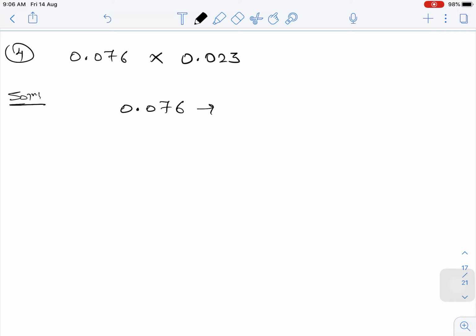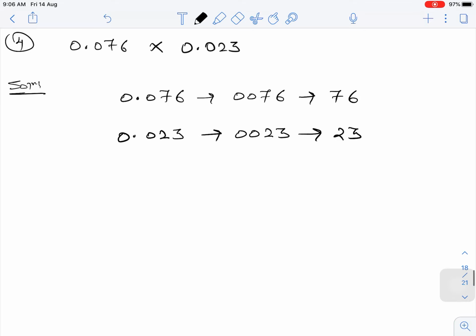When we remove the decimal, it will become 0076, and before a non-zero number, if any zeros are there, it means that number is 76. Similarly, 0.023, if you remove the decimal, it will become 0023. It means that it is simply 23.